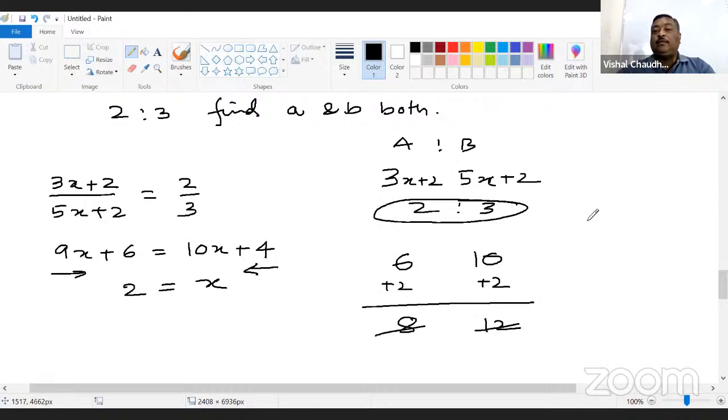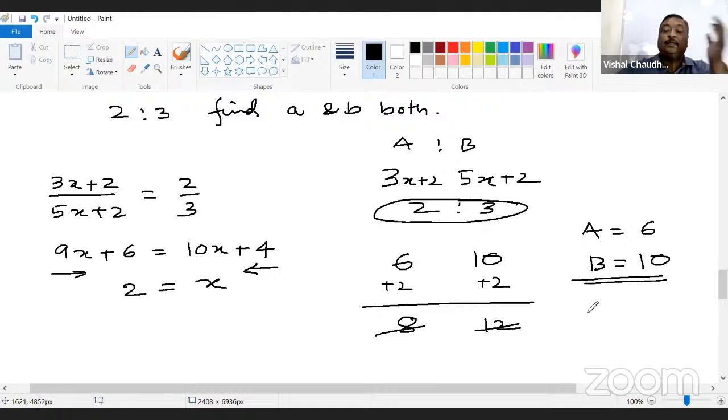So your answer for A and B: A will be equal to 6, B will be equal to 10. Is it clear? Is it clear, everyone? Let's move ahead.